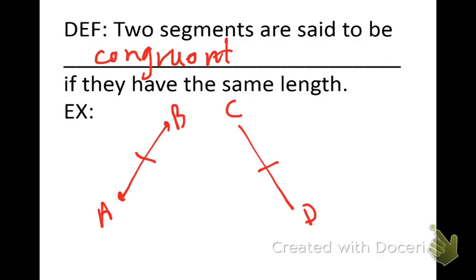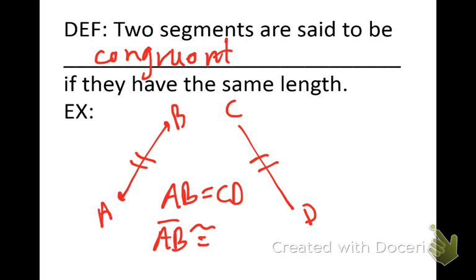That shows that they're the same length, same number of tick marks. You could mark them with 2 tick marks. As long as they have the same number of tick marks, it means they're the same length. So we could say AB is equal to CD, or we could say AB with a line symbol over it is congruent to CD. That equal sign with the squiggly over it means congruent.